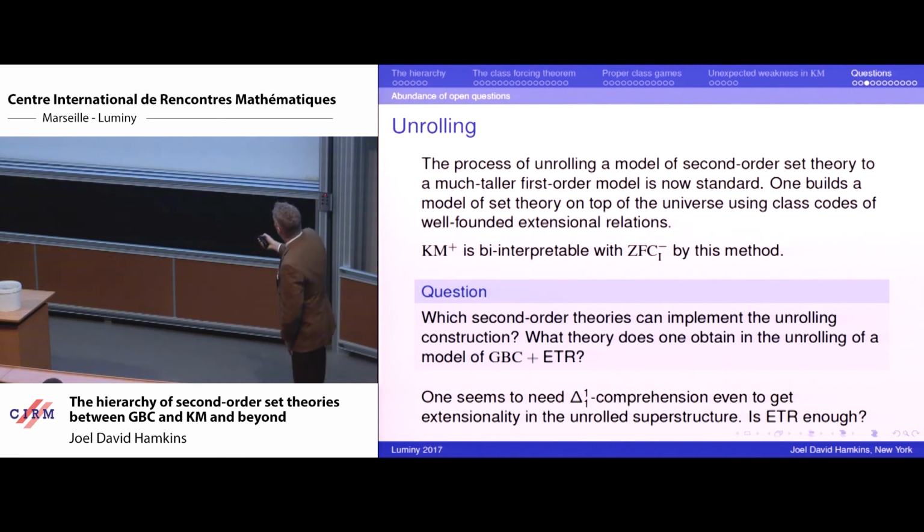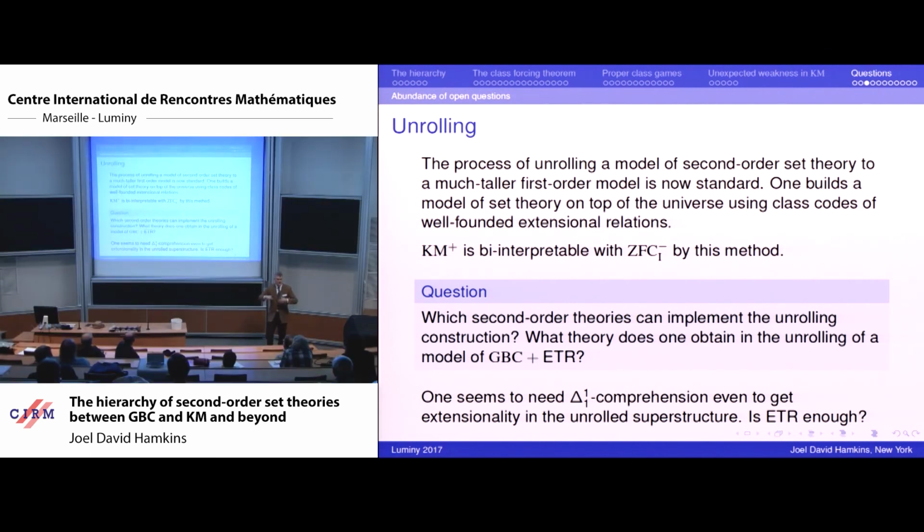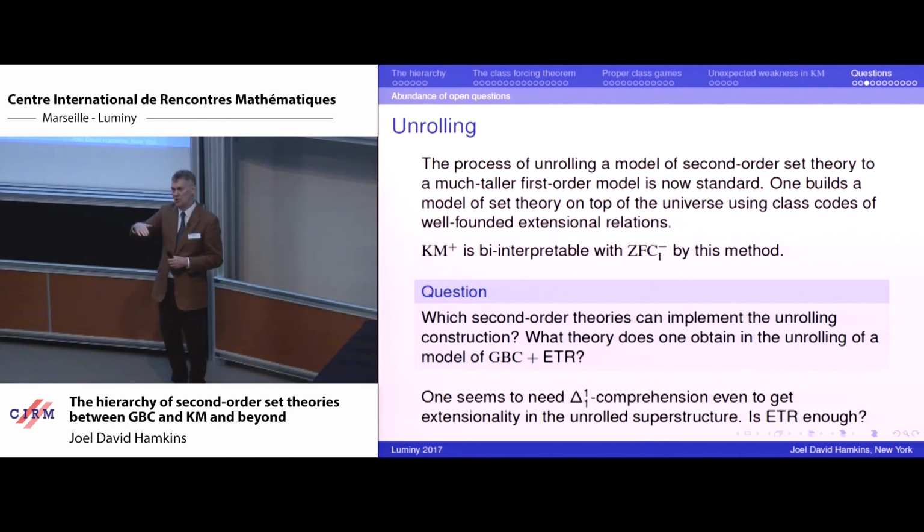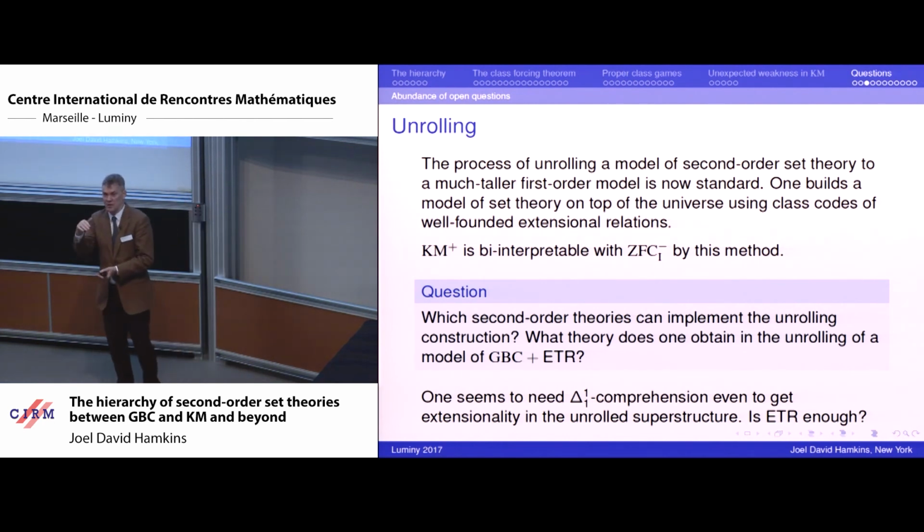So if you take class codes of well-founded extensional relations, then KM plus, that's with the class choice principle, is bi-interpretable with the theory ZFC minus I. So that's ZFC minus, without power set, but plus the assertion that there's a largest cardinal which is inaccessible. So the ordinals become an inaccessible cardinal in the unrolled structure.